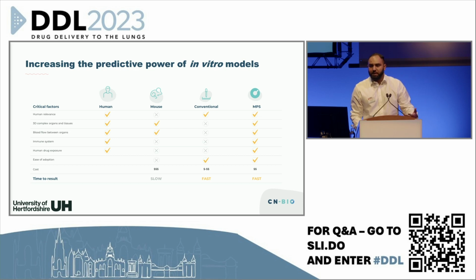So what has been developed and further developed are these human relevant cell culture models, taking conventional cell culture that extra mile by utilizing microphysiological systems, incorporating things such as perfusion and mechanical stretch, as well as creating a 3D complex structure to replicate what we see in vivo.